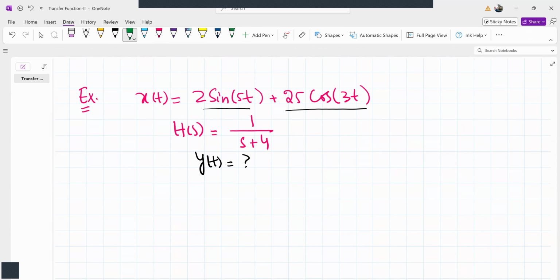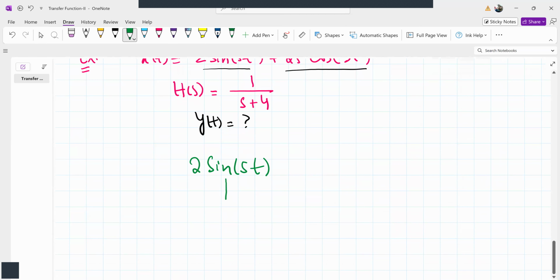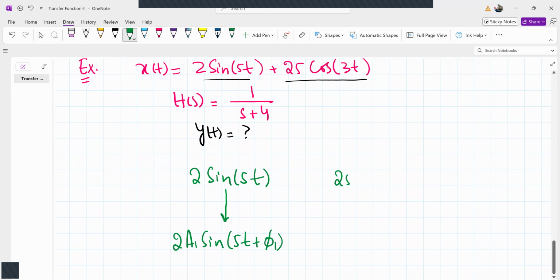So for 2 sine 5t, what will be the response? Simply, it will be 2A1 sine of 5t plus phi 1, because we have two sources. What will be the output corresponding to 25 cosine 3t?